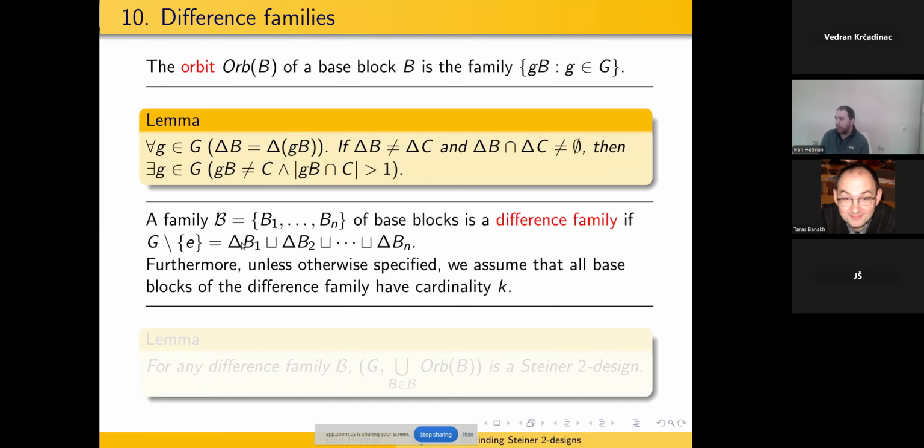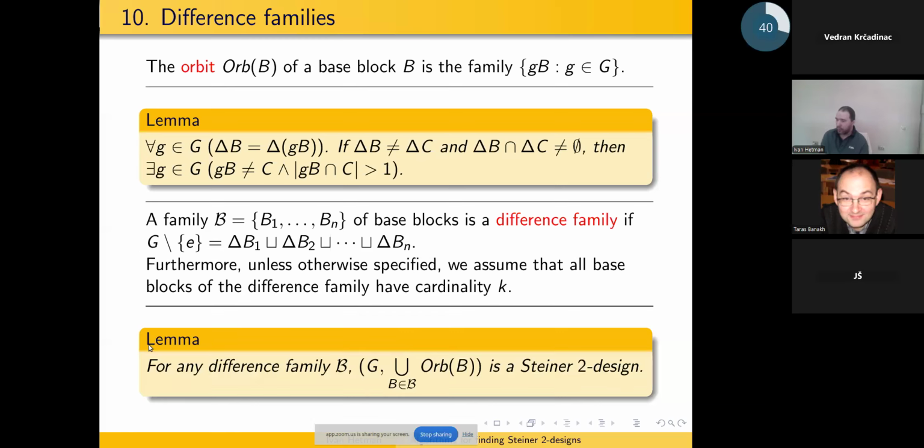A family B of base blocks is a difference family if the differences of base blocks are, firstly, disjoint, and secondly, in union they cover all elements of the group except the neutral element, because the neutral element cannot be in the difference of the base blocks.